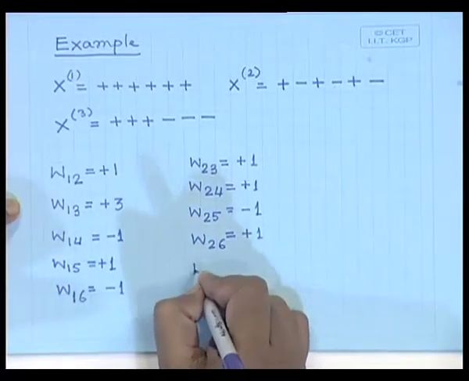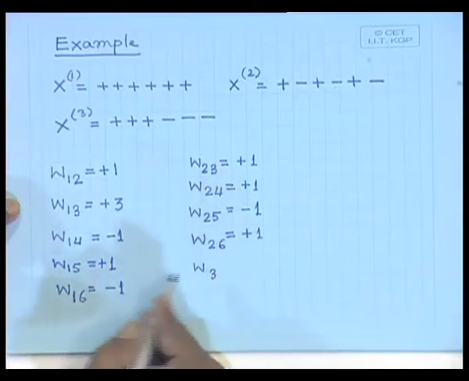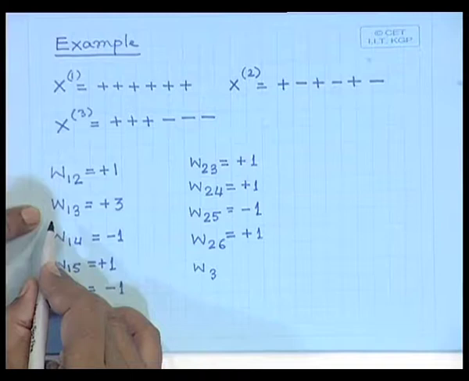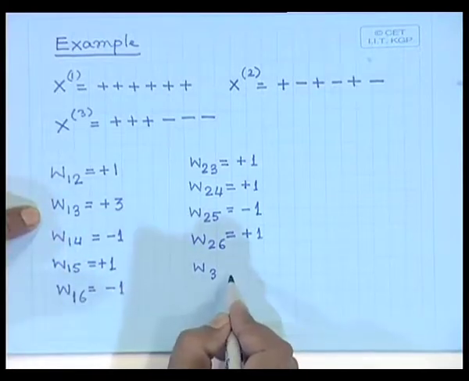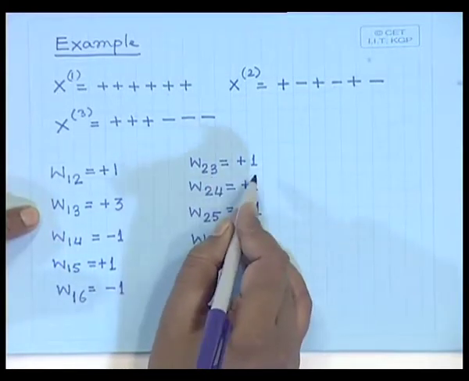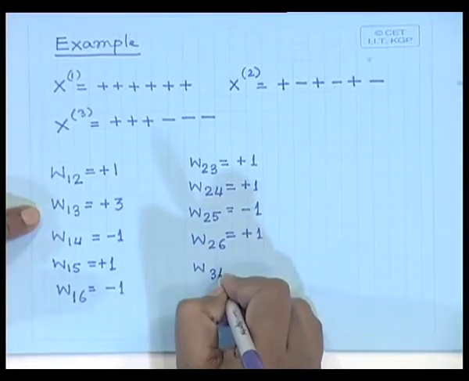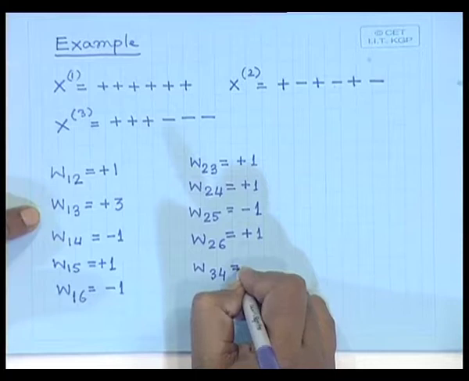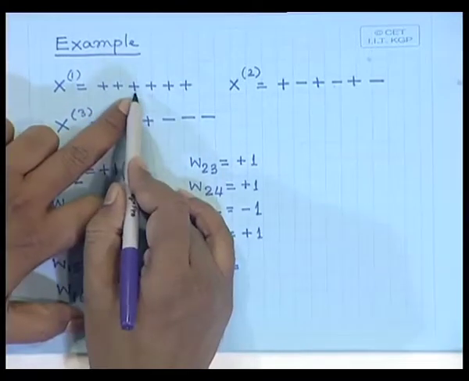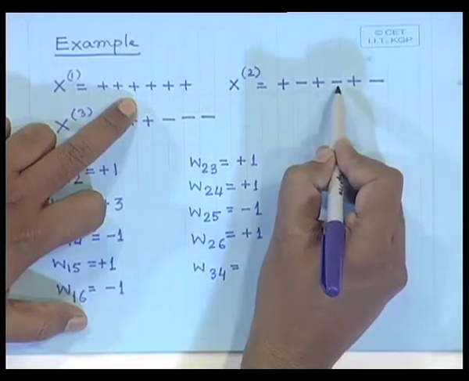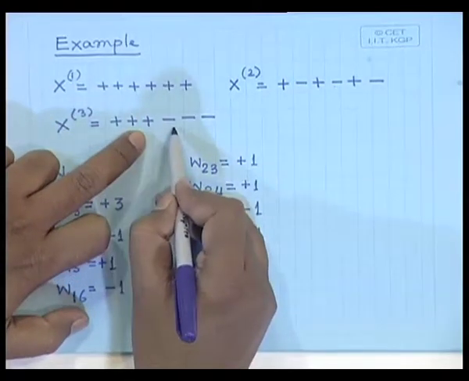Now, when I compute W3, W31 is the same as W13, I do not have to recompute. W32 is the same as W23, I do not have to recompute. W33 is equal to 0. So, I have to compute W34. Here it is plus 1, here it is minus 1, here it is minus 1.